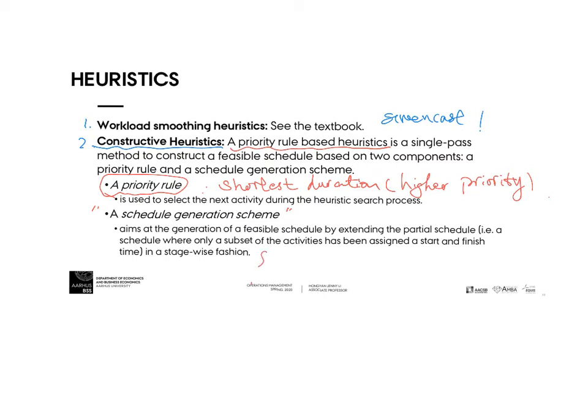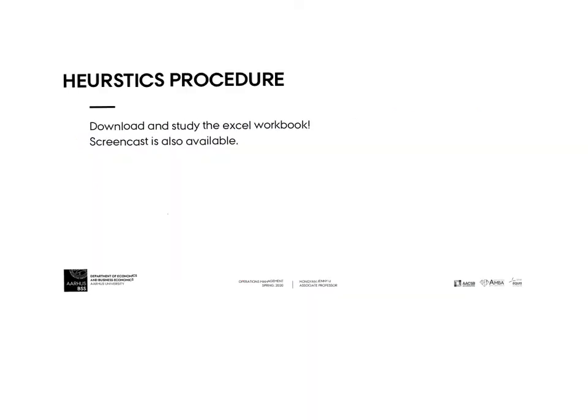Normally, the most commonly seen schemes are the parallel scheme or the sequential scheme. You see that in the screencast. For details about the examples, please download and study the Excel workbook and also watch the screencast.